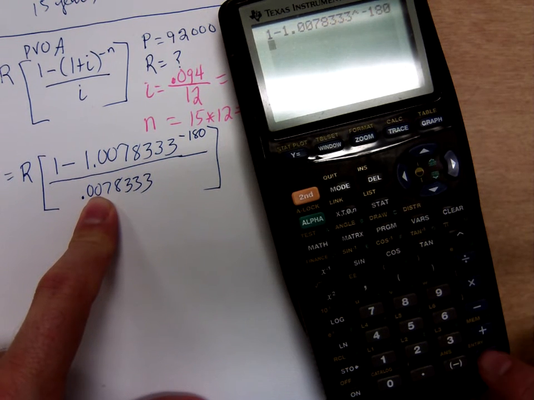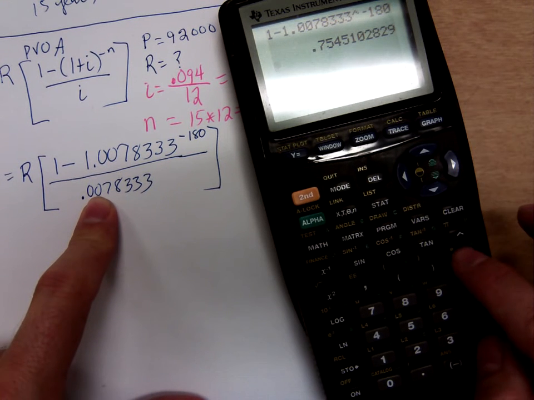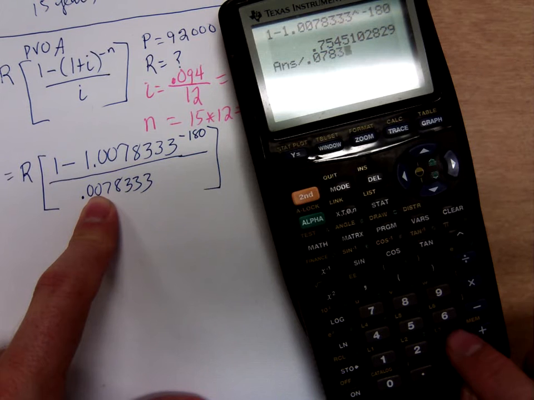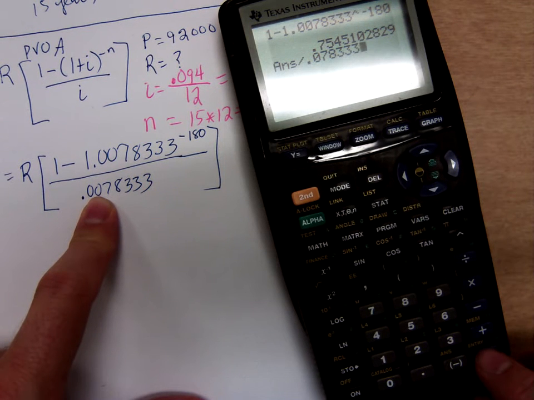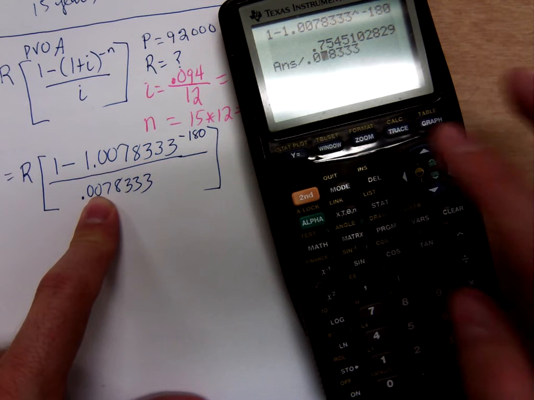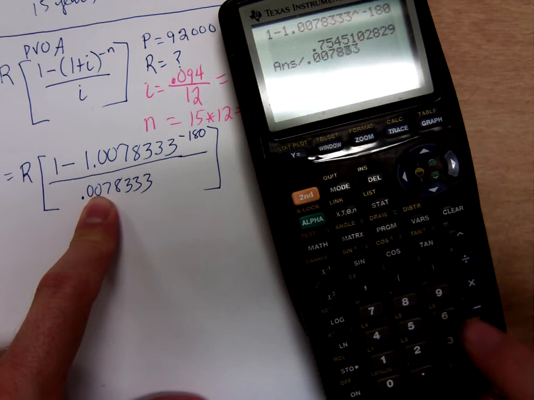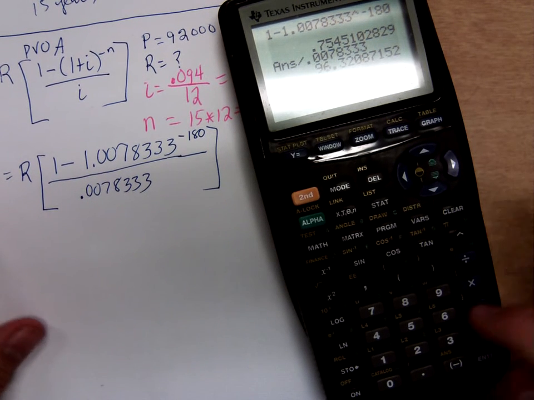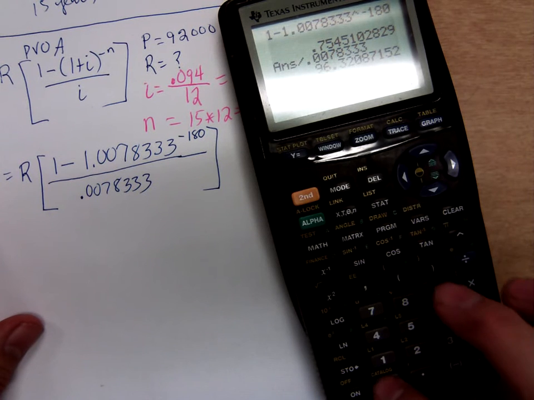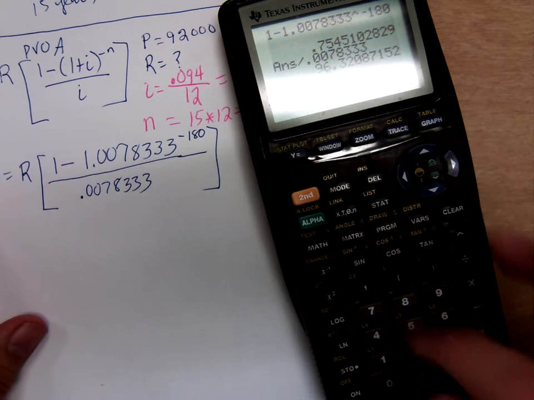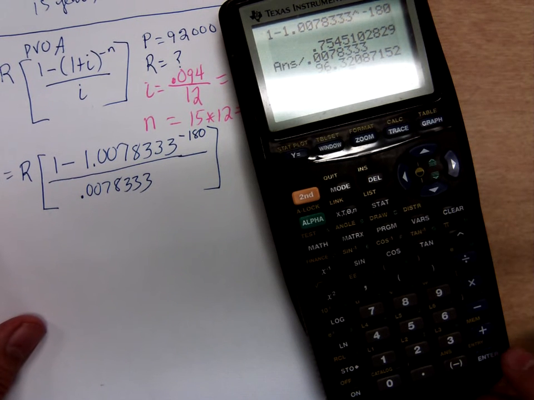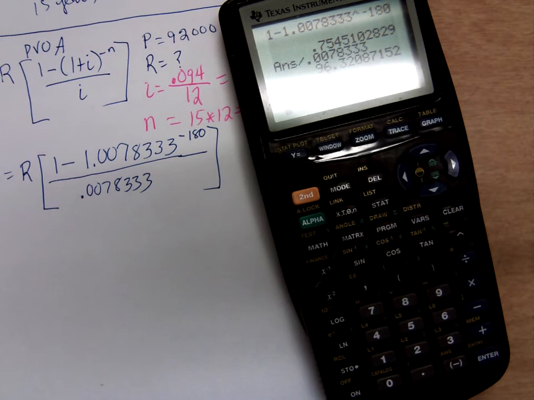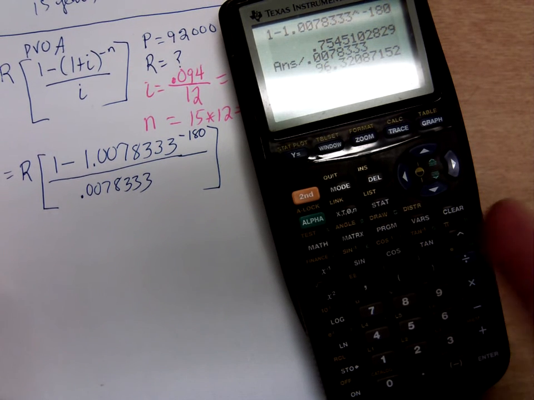Enter. Divided by 0.0078333. And now I'll divide 92,000 by that bracket number. Enter. That bracket number is significant. That's how many payments it takes to actually pay off the 92,000. So it looks like there were about 96 payments to pay off the 92,000.